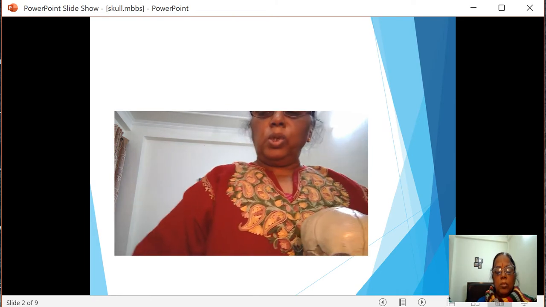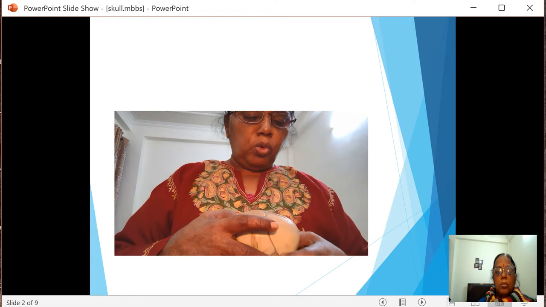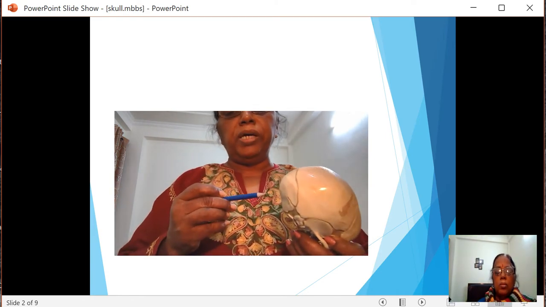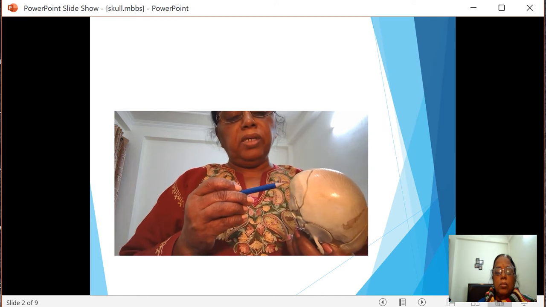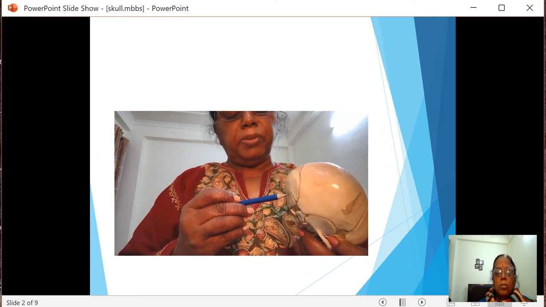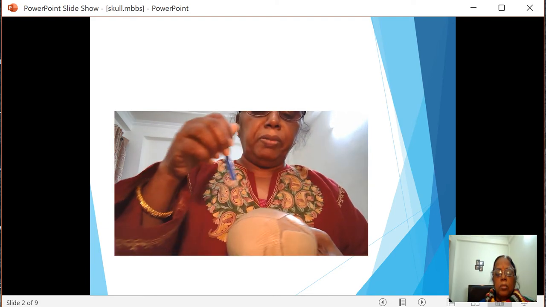Talking about the anteroposterior diameters, first and foremost we go with the suboccipitobregmatic. This is the occiput. So just below the occiput, this is the suboccipital region, from the suboccipit to the center of the bregma.